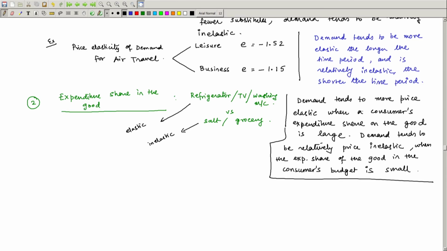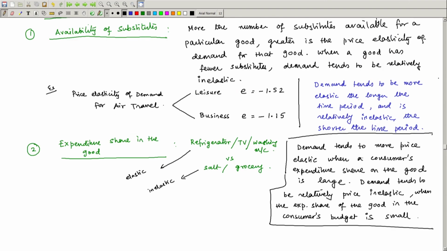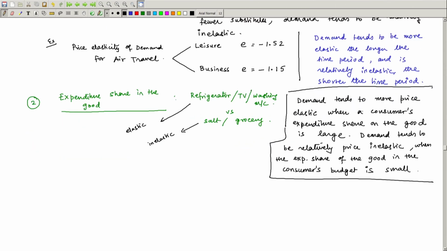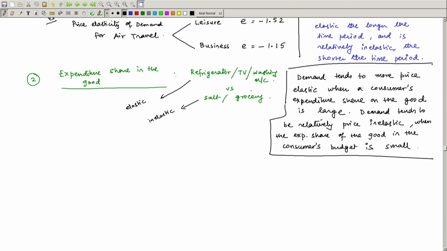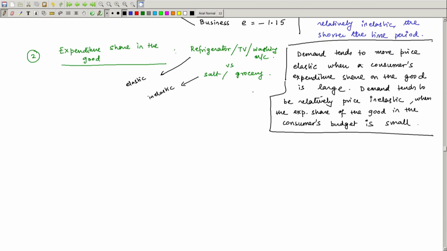So, we learnt that the more the substitutes available for a good, the greater is the price elasticity of demand. The greater the expenditure share of the good in your total budget, the more is the price elasticity of demand.